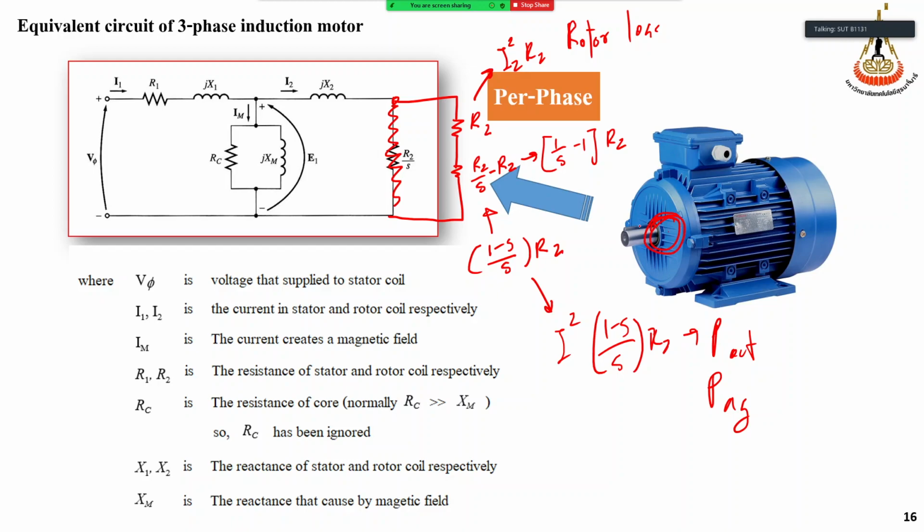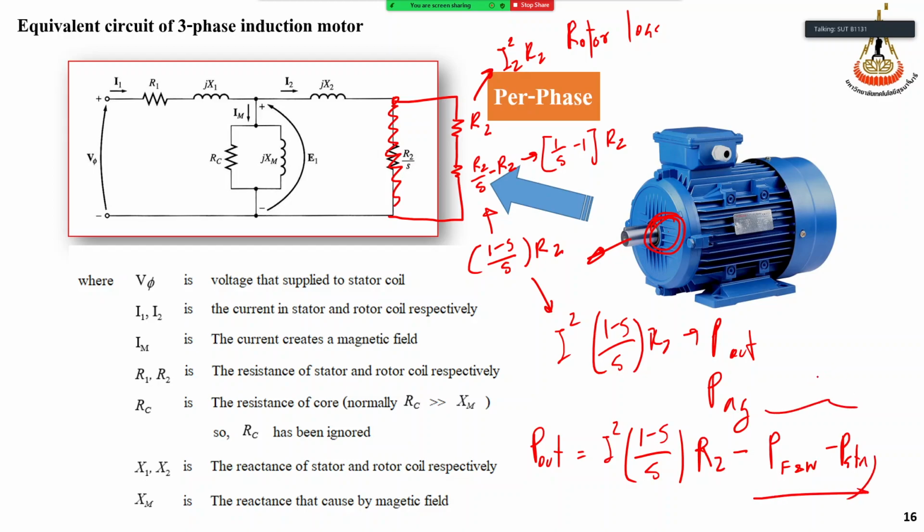But the power output must be this power minus the other losses. P out would be I squared (1 minus S) divided by S R2 minus the friction and windage loss and stray loss. This is the mechanical loss, so minus the mechanical loss, then we get the output.